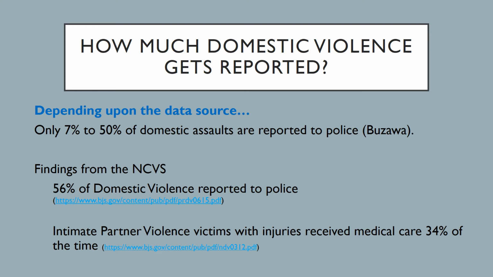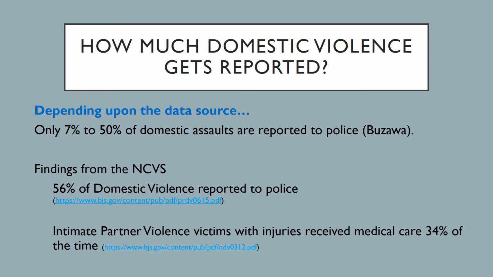So what we see here are 3 bullet points on this slide that, once again in broad brushstrokes, give you an idea of the variety of responses you get when you ask the simple question, how much domestic violence actually gets reported?